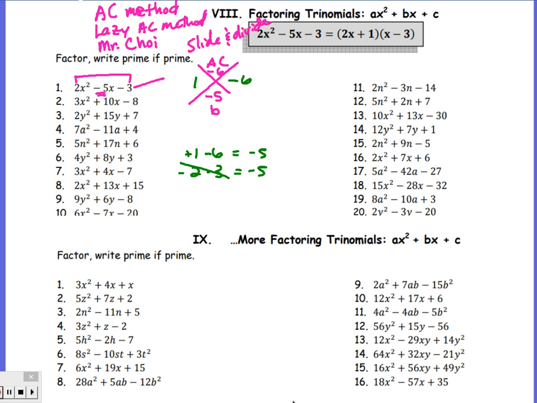So what we do with those numbers is we break down our middle term. We have 2x squared minus 5x minus 3, but instead of -5x, we're going to break it down to 1x and -6x. We're going to bring down -3 and bring down 2x squared. Now we do something called factor by grouping.